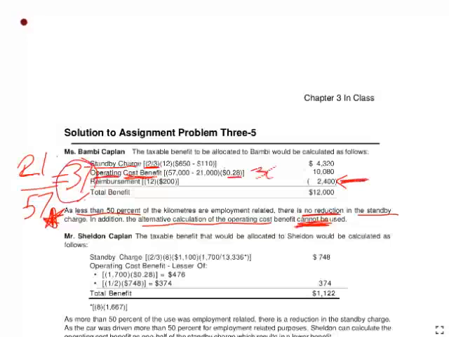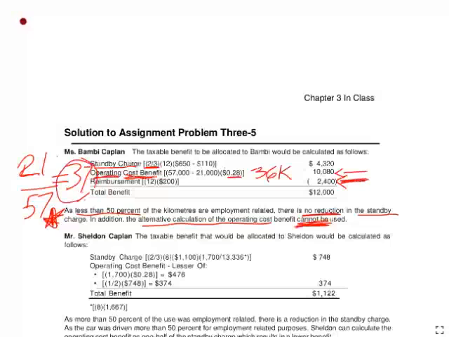So she was doing 36,000 kilometers for personal. So she has to claim a personal tax benefit of those 36,000 kilometers by 28 cents a kilometer. So that is worth to her $10,080 of personal benefit, which she needs to pay tax on.